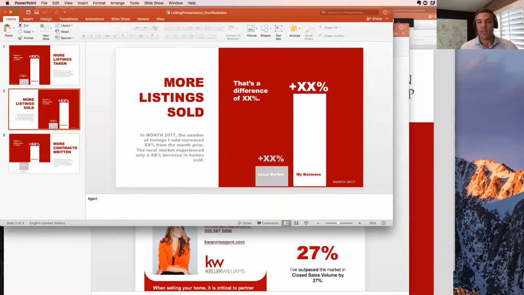Now the key here is we give you the office stats of how we're outperforming the market, but it's also important for you to be tracking your own statistics, so that if you're even outproducing the office, then you use your own statistics, and it gives you one more layer of evidence to say, not only am I part of the number one real estate office in this county that's outperforming the market by this, I'm actually outperforming the market by 3% more at this percent.